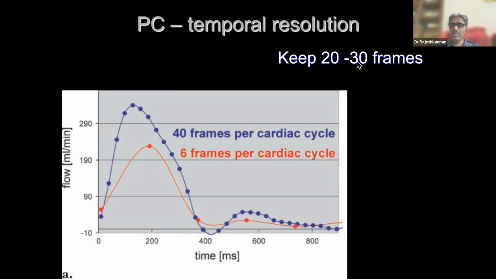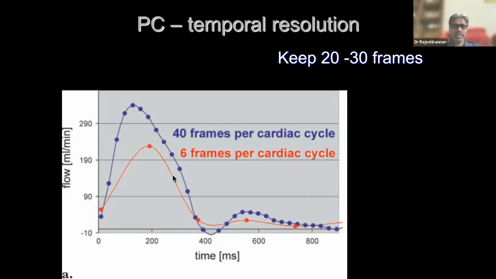We usually take 24 frames for all cases, which will be a better balance between good temporal resolution and practicality. Even though you can take 40 or 50 frames, the problem is that you have to do the contouring on all the images, so the post processing will be very time consuming. So the best is somewhere between 20 to 24, which is more than sufficient. You'll get a good temporal resolution, and at the same time the post processing will be easier.